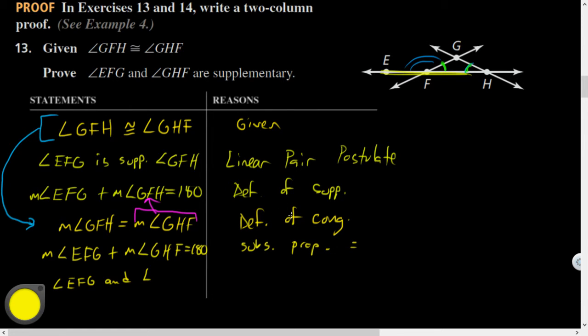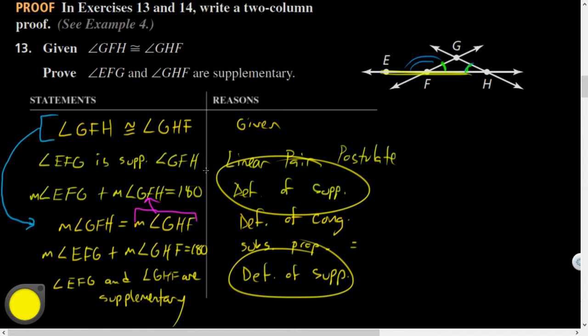Sorry. Yeah. Let's see. EFG and GHF are supplementary. And the reason that's true is by definition of supplementary, def of sup, which notice I used earlier. Here I used it to go from knowing supplementary to knowing their angles add to 180.